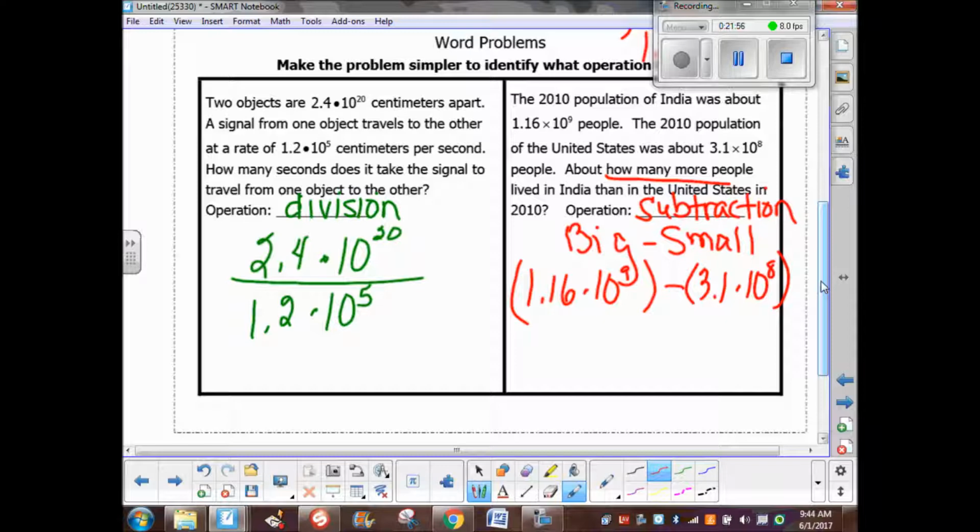Okay. So I want to write these in standard form. So 1.16 times 10 to the 9. How many zeros do I need to put onto that? I need to add on, somebody said it, 7.